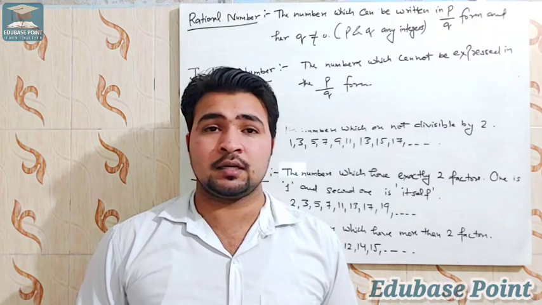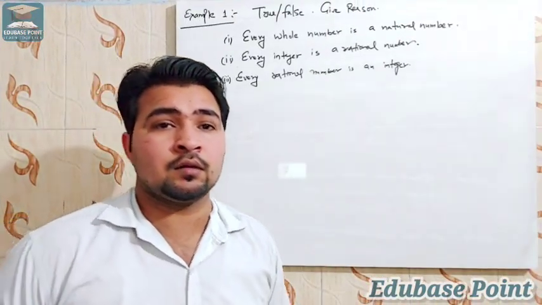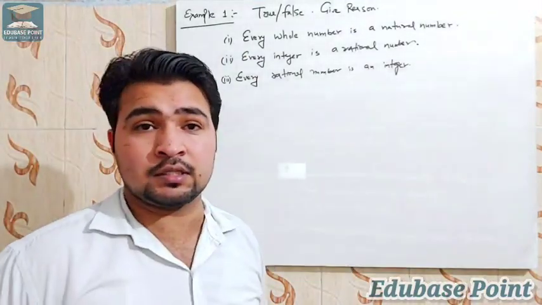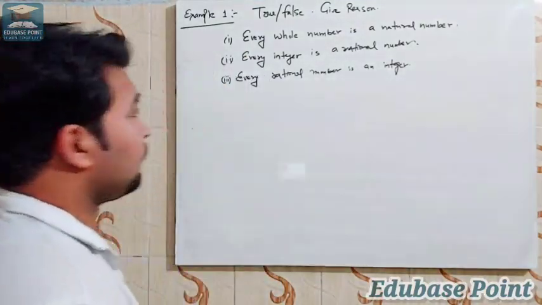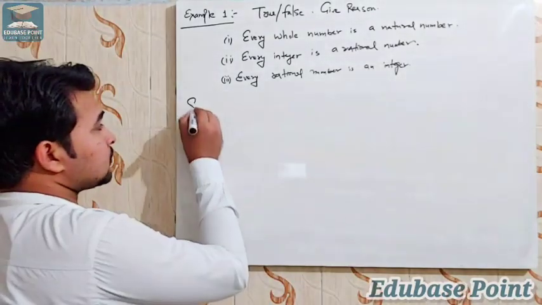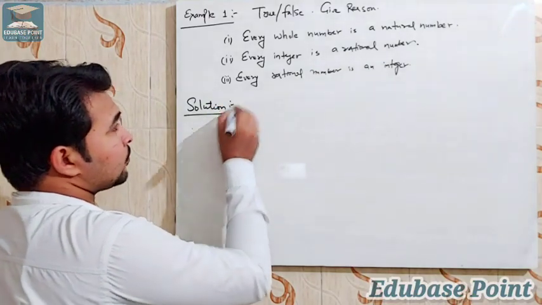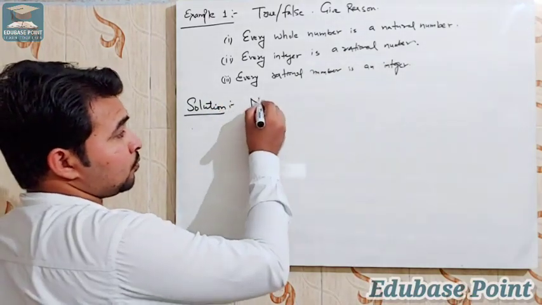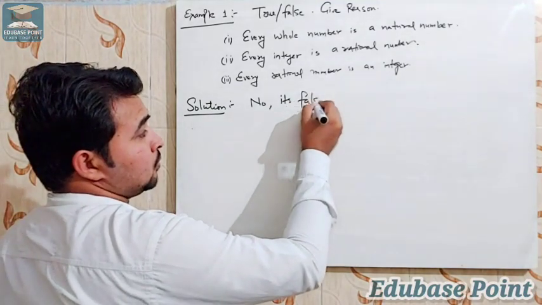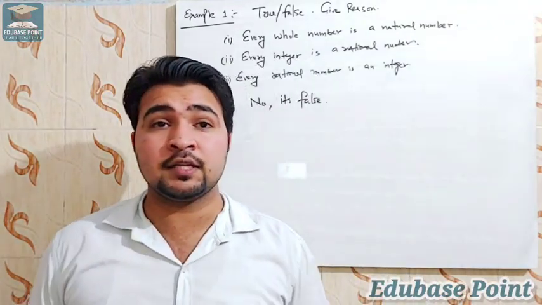So let's get started. This is our example number one: say which are true and false, and give reasons for your answer. The first question is, every whole number is a natural number. Its answer is no, it's false. What is the reason?